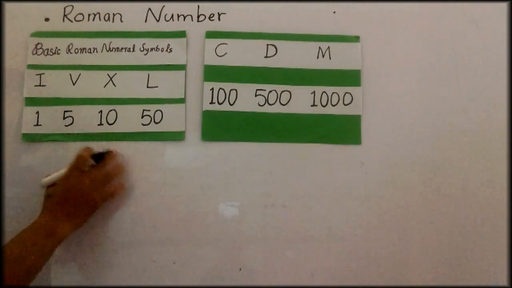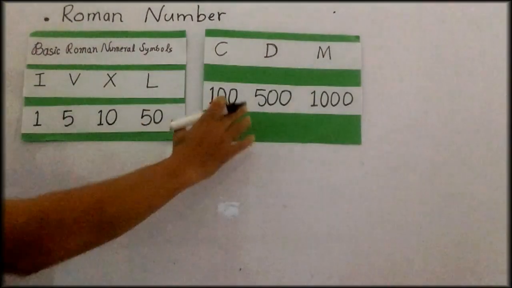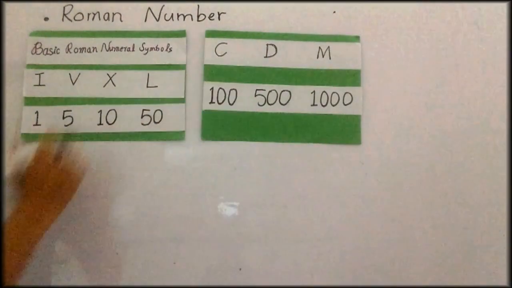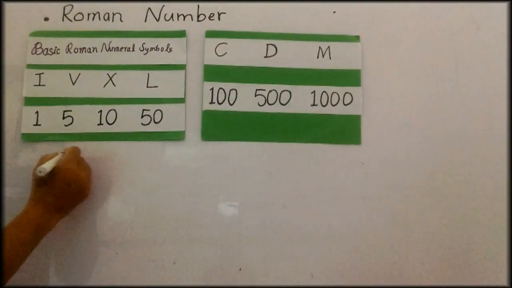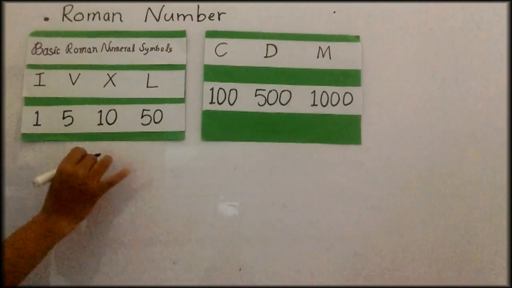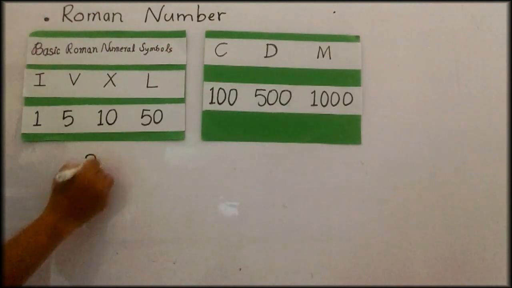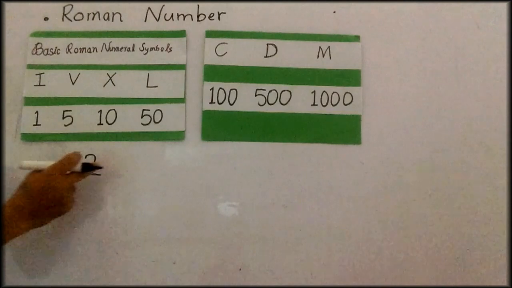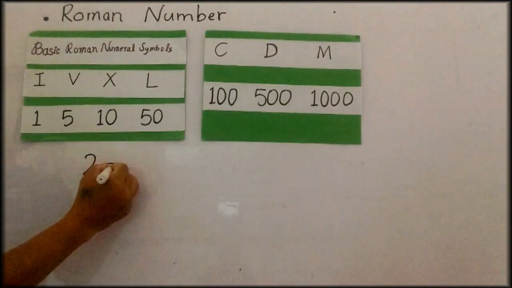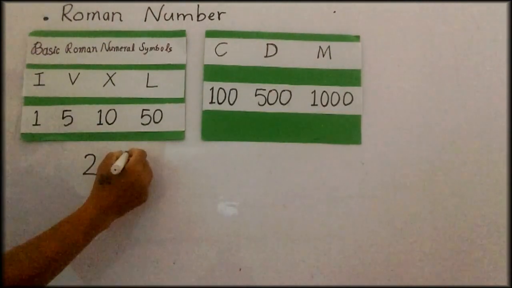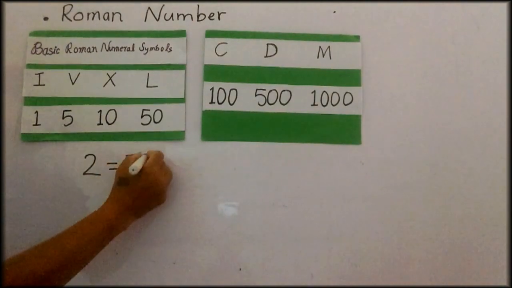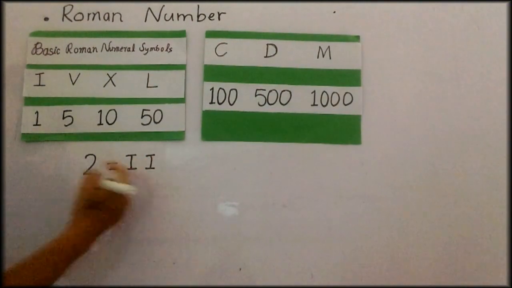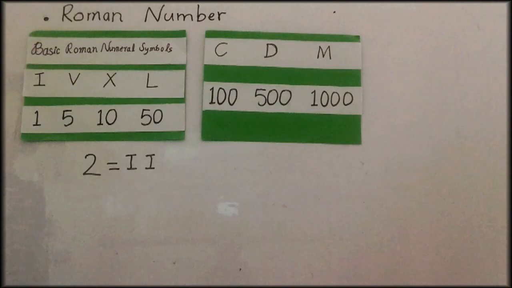So how can you write different Hindu-Arabic numbers in Roman numerals? Look at this one-digit number, 2. We have I representing 1, but how can you write 2? We can repeat this I 2 times, which means 2.